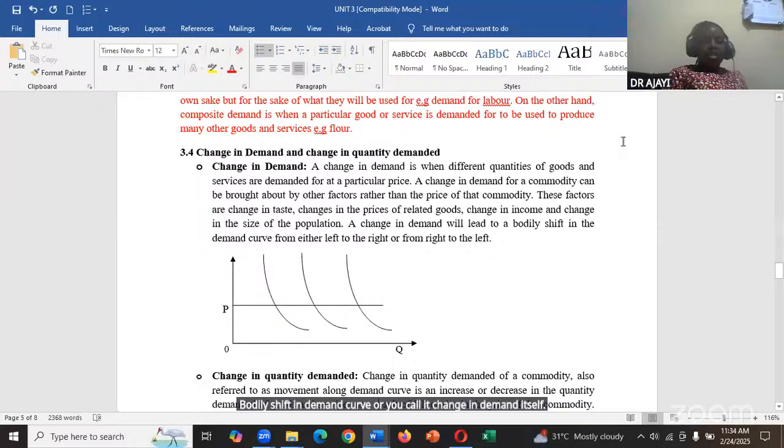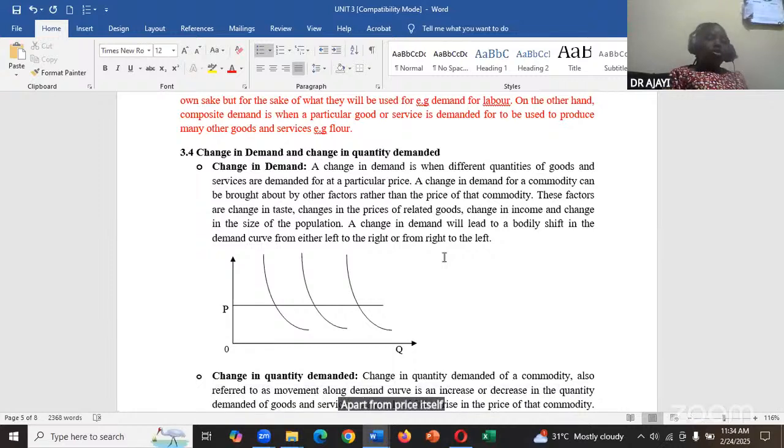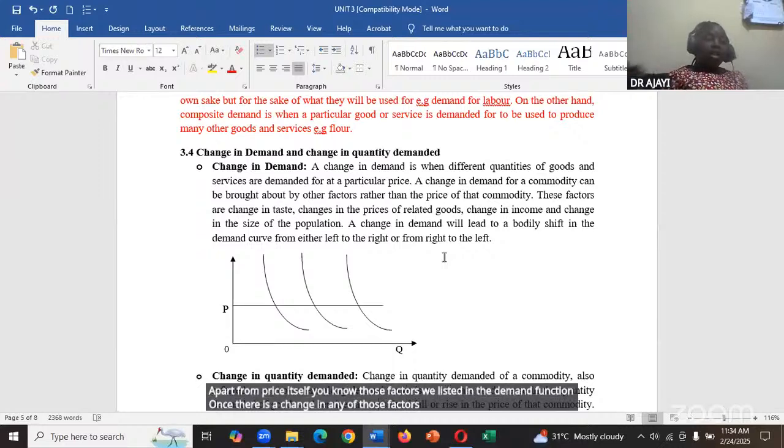Now, these factors can be change in taste, change in prices of related goods, change in income, change in the size of the population. You know all those factors that influence demand, apart from price itself, the ones we listed in the demand function. Once there is a change in any of those factors, like that of related goods, if it is a supplement, you know how it will affect. If it is a substitute, you know how it affects.